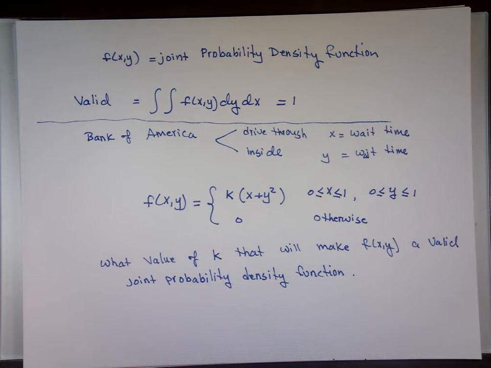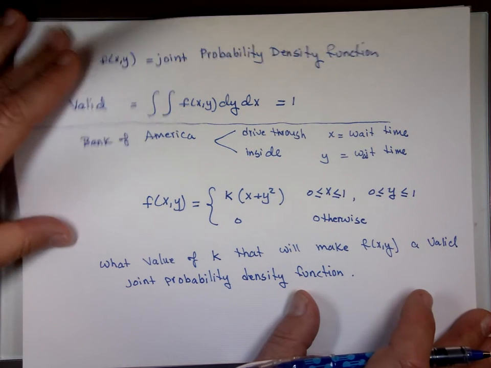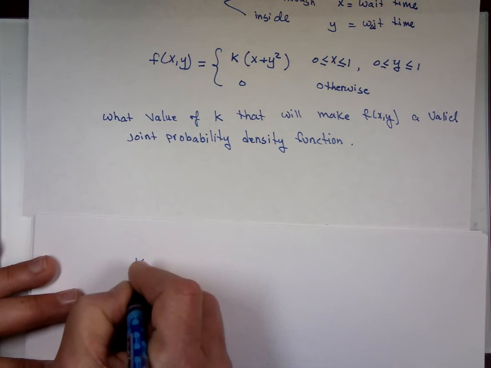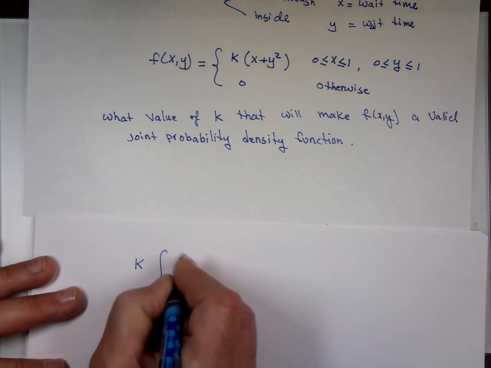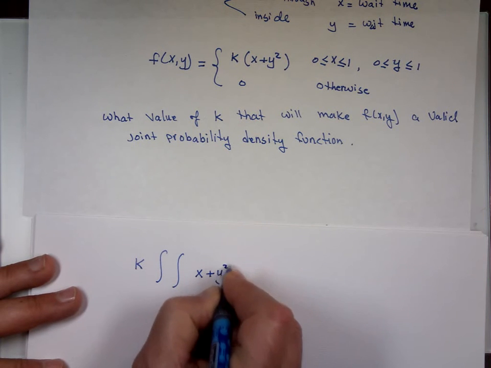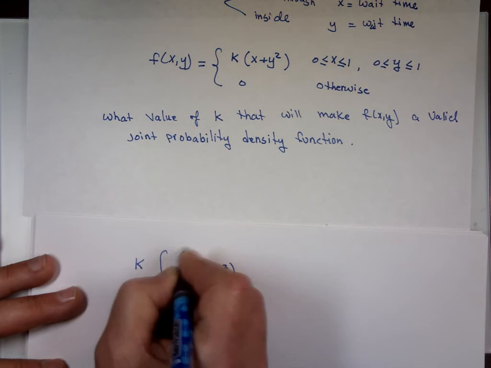So what do we do? How do we know it's a valid density function? We double integrate that over the limits, and the answer should be what? 1. So let's double integrate that. X is going from 0 to 1, y is going from 0 to 1.